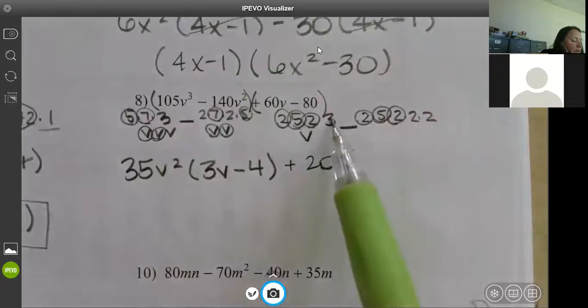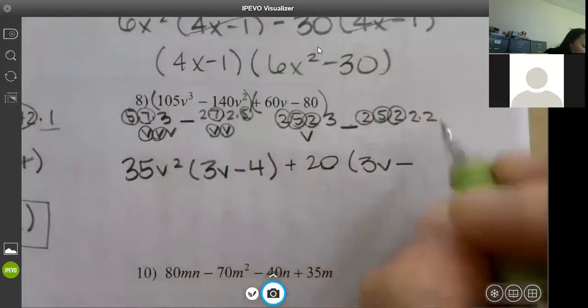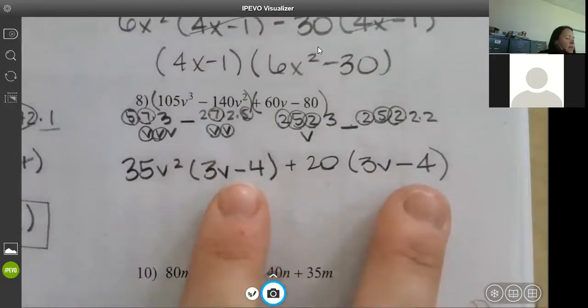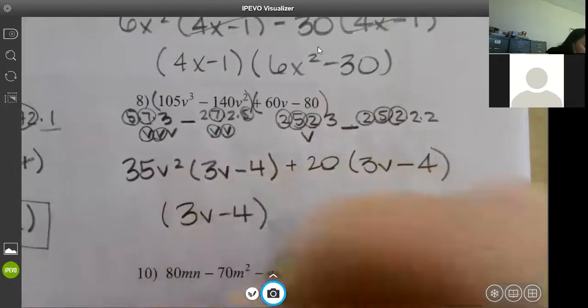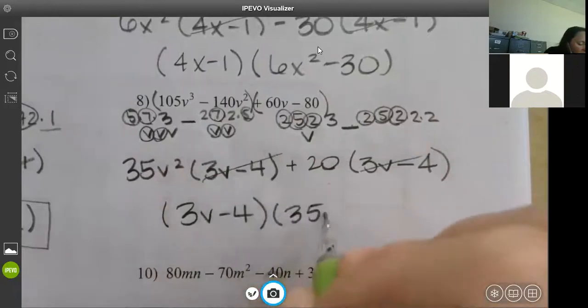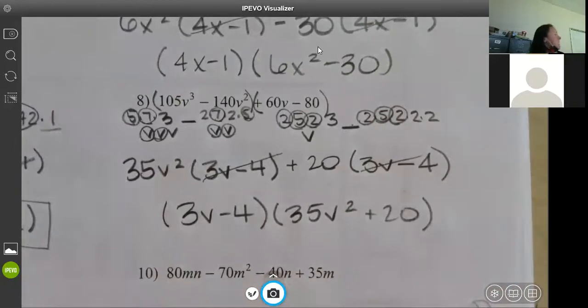What did I leave? 3v in the first one, minus 2 times 2 is 4. Are your parentheses the same? I don't need to change my signs. I just write them, 3v minus 4. And then whatever's left outside, 35v squared plus 20 is my second factor. That's it. And again, these are easy because you don't have to change any signs.